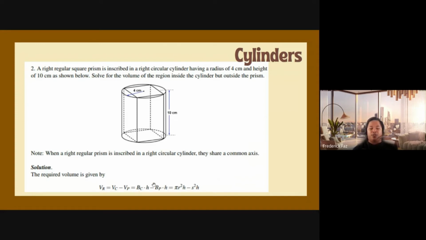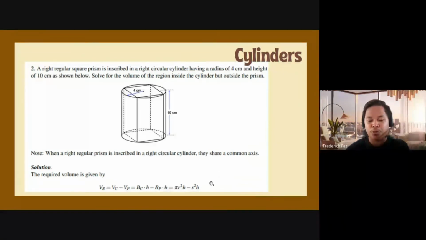So if we're going to have it po, yung ating formula kasi ng volume ng cylinder, area of the base of the cylinder times the height minus yung ating prism po is area of the base of the prism times the height.